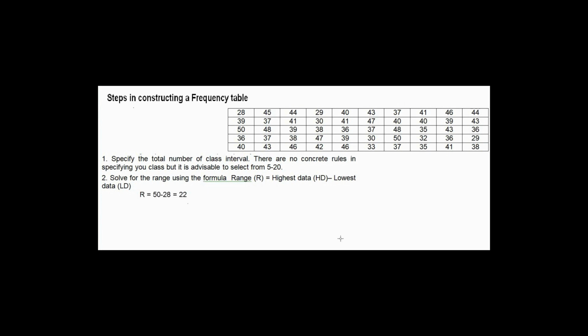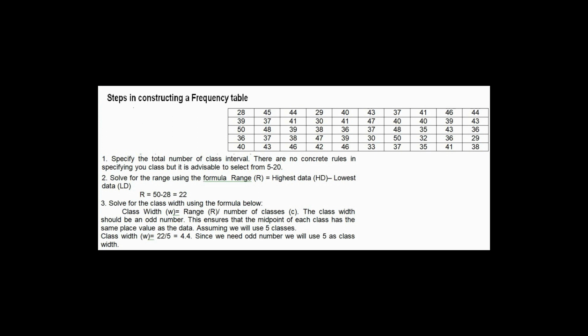Since the formula is range equals highest data minus lowest data, 50 is the highest number among this data, and the lowest is 28. Therefore, range equals 50 minus 28, which equals 22.